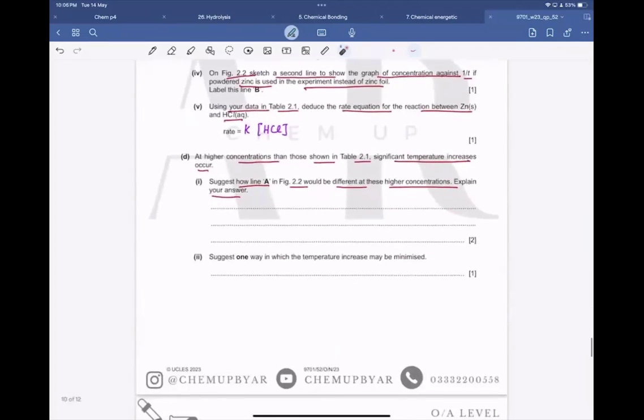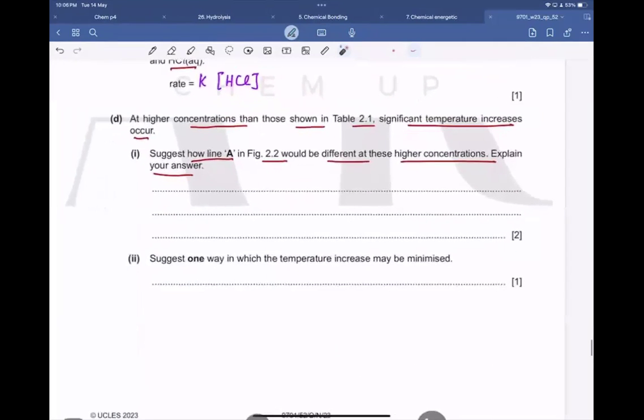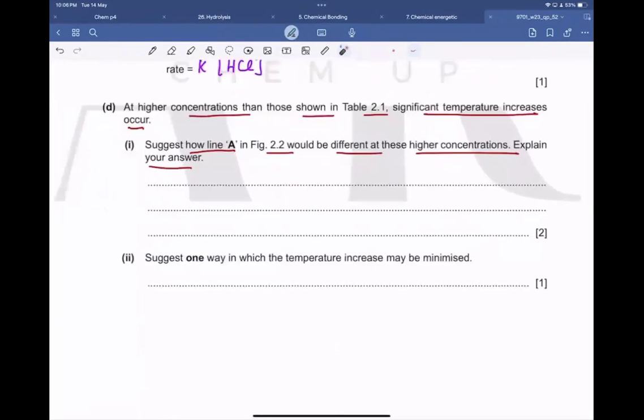Okay. Now, what they are saying is that the temperature is going to increase at the higher concentrations than shown in table 2.1. Suggest how line A in figure 2.2 would change at a higher concentration.